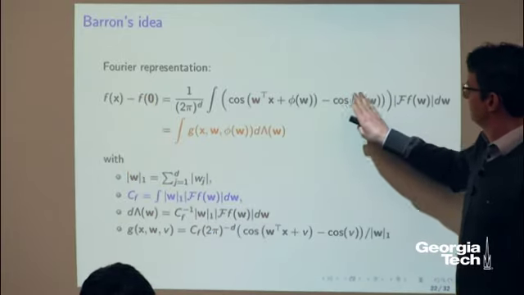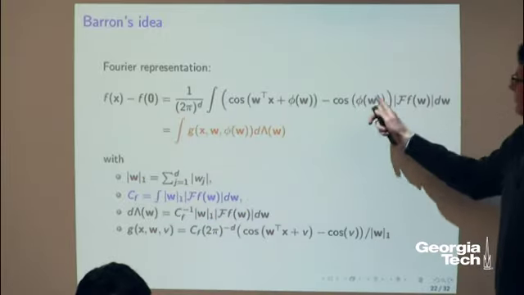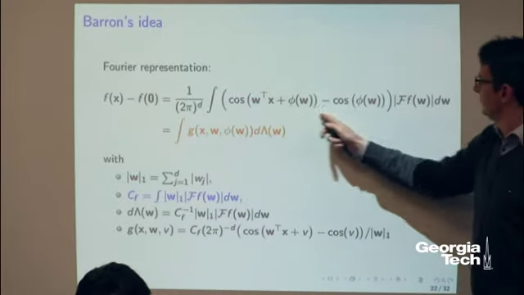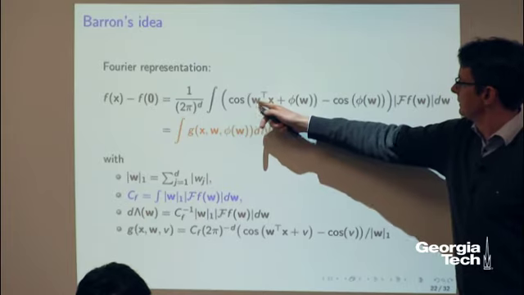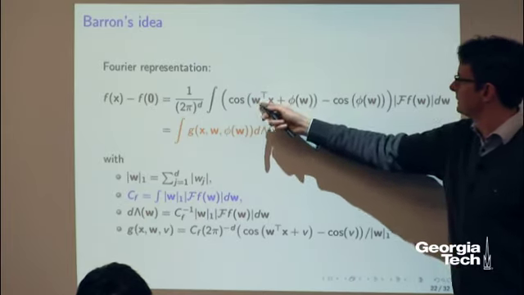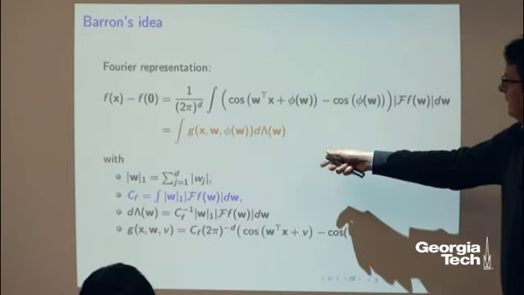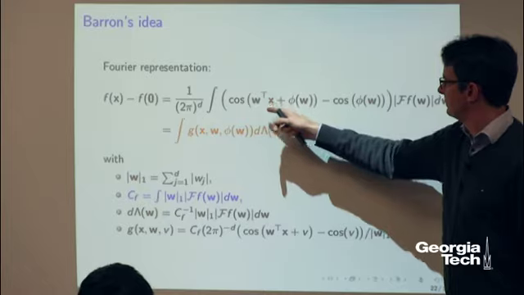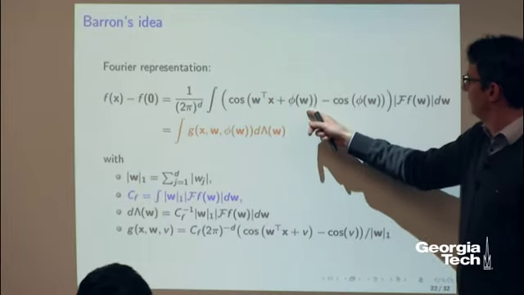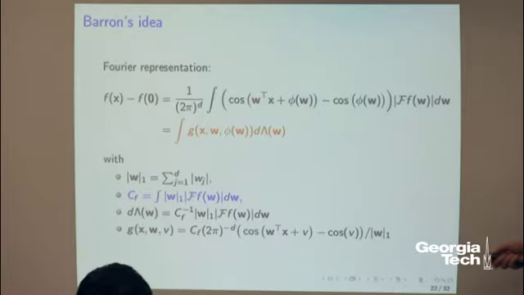He also subtracts f of 0, and that makes this function scale with the L1 norm of w. Because it's a Lipschitz function, these things cancel out, and you don't have good control on them, and then the whole thing scales with w. So you can divide here by the L1 norm of w, and multiply here with the L1 norm of w.